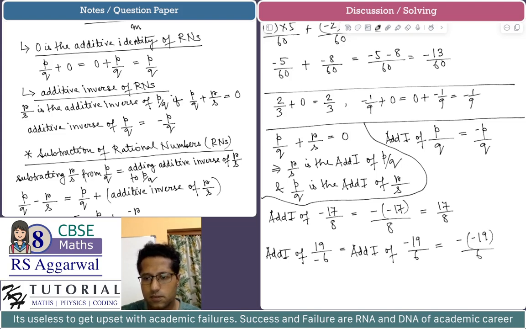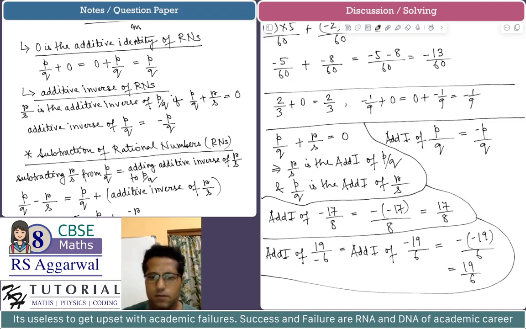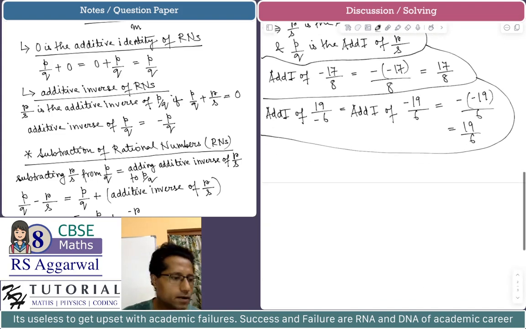This is equal to 19 by 6. So 19 by 6 is the additive inverse of 19 by minus 6. Okay, so this was one example, this was another example. Let's take another example.